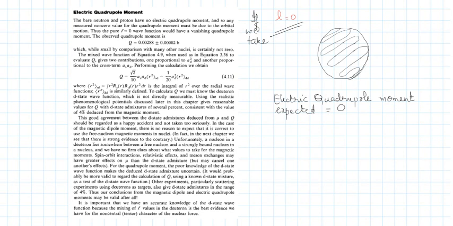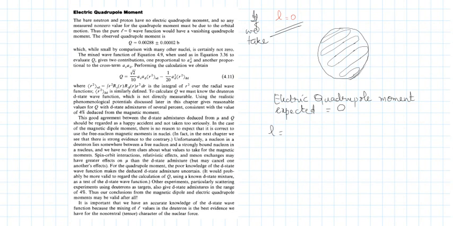If the charge distribution is not spherical in shape, it cannot be purely L equal to 0. If it were purely L equal to 0, the charge distribution would have to be spherically symmetric and the quadrupole moment would have to be 0. But since the observed value indicates that the charge distribution is not spherically symmetric, your deuteron is not purely in the L equal to 0 state.